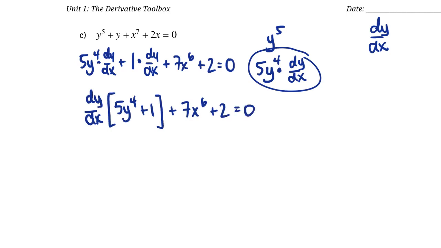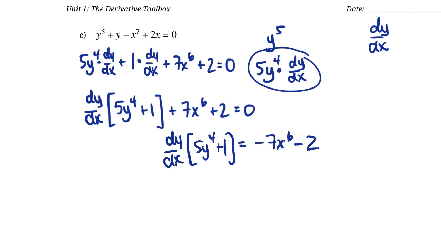Well, if we're trying to get dy by dx by itself, we can move that 7x to the 6 plus 2 to the other side, and it's going to become dy by dx times 5y to the 4 plus 1 equals negative 7x to the 6 minus 2.